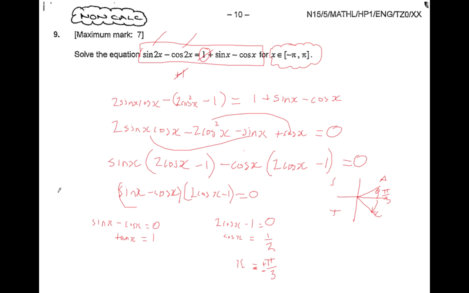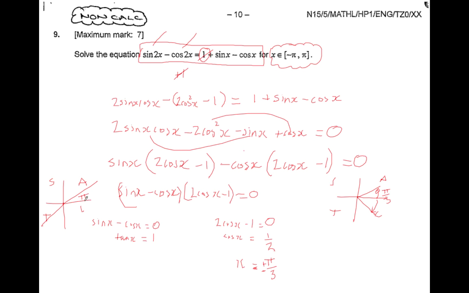And over here, again I'll draw a CAST diagram. C-A-S-T. Tan of the angle is positive, so tans are positive in here and here, and arctan of 1 is 45 degrees, which is pi over 4.